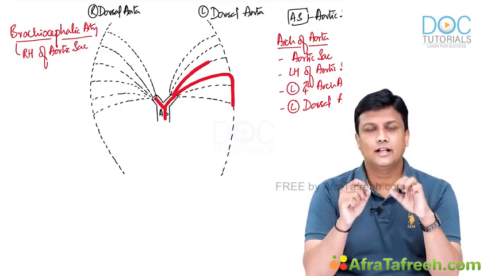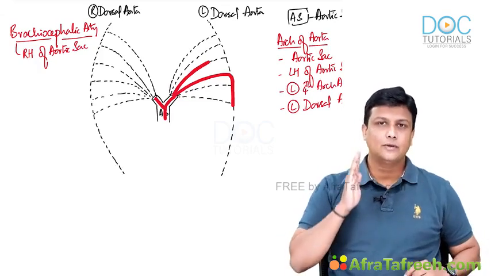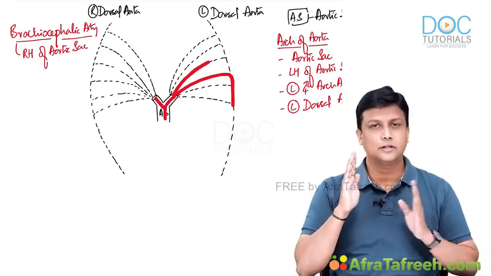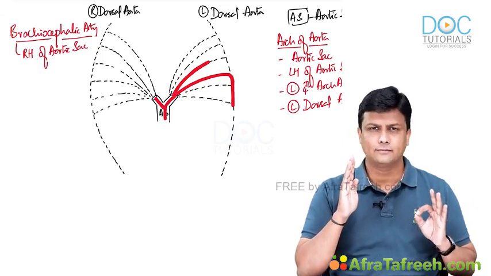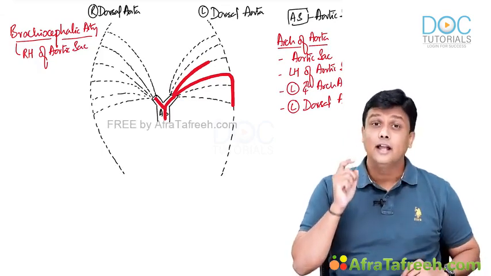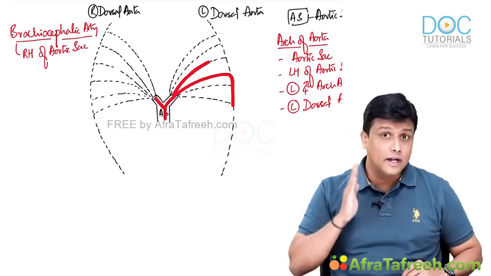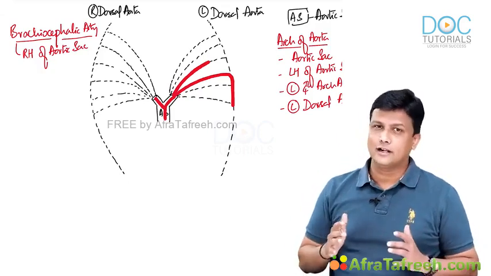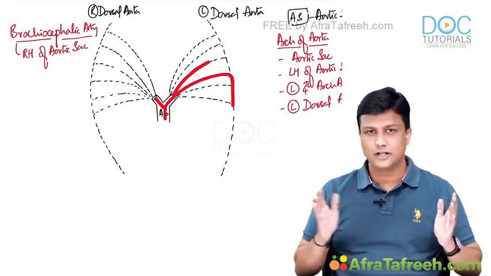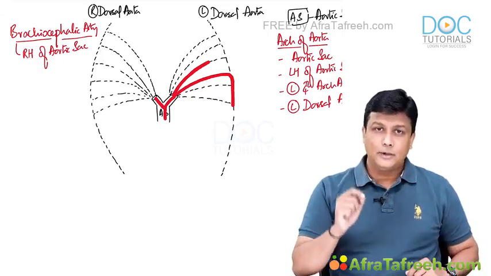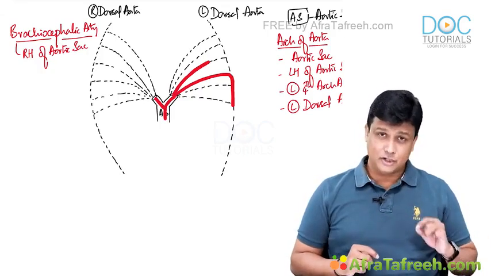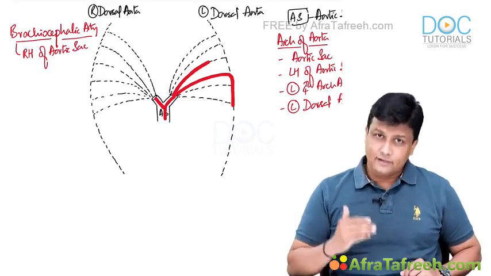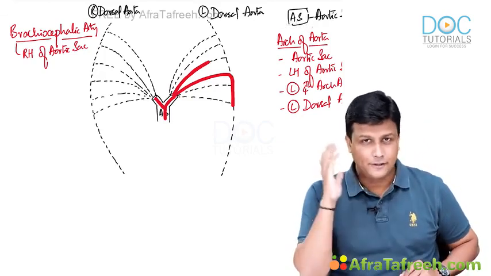The right way of learning that is the common carotid artery will go up and then it is going to give rise to the external carotid artery, a branch that is the external carotid artery, and then the common carotid artery will continue as the internal carotid artery. So don't learn from today onwards that common carotid artery is dividing into internal and external. No. Common carotid artery will give a branch that is the external carotid artery, and that itself will continue as the internal carotid artery.